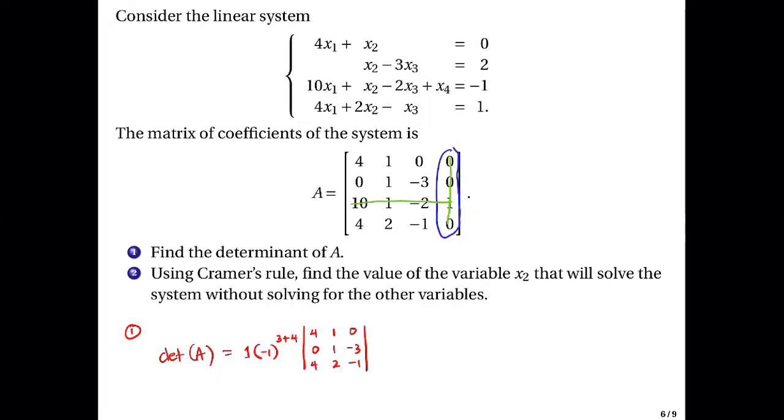To get the determinant of this, let us use the method for finding the determinant of a 3 by 3. You copy this matrix and augment the first two columns.